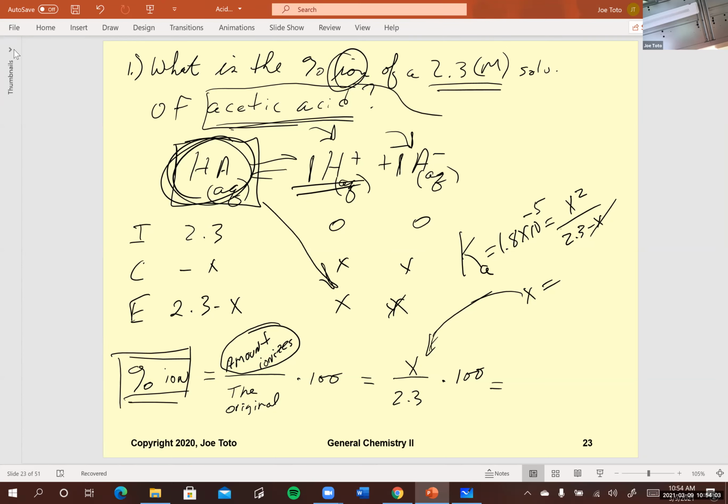I don't know if it's worth doing, but the previous slide is saying that as the concentration goes up, what happens to this value over here, the percent ionization?